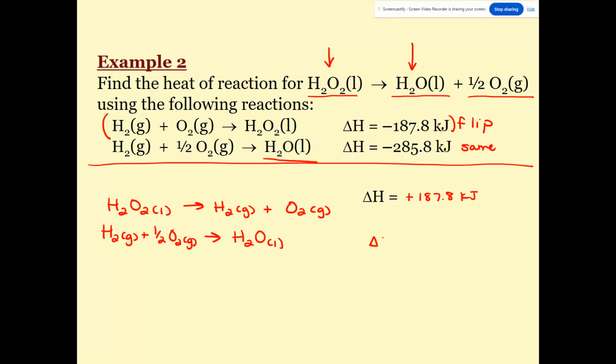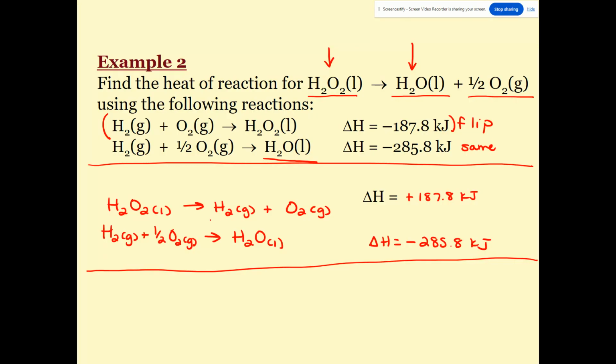Okay, the delta H is the same because I did not manipulate that reaction. So I have my compounds where they need to be. Like I said, there still needs to be this half oxygen on the product side, but let's cancel these and find the net reaction when I add these together and see if that works out.